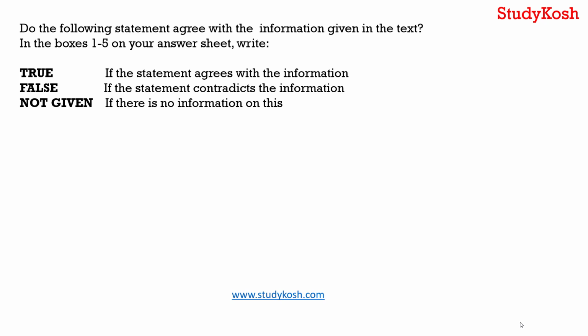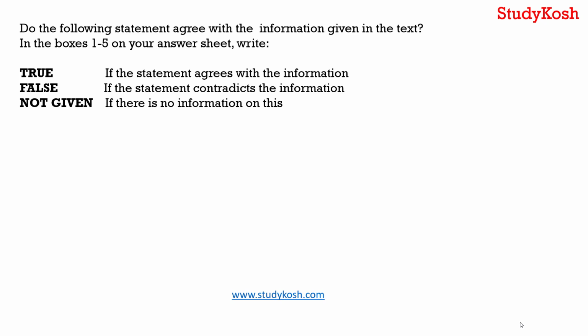In boxes 1 to 5 on your answer sheet, write true if the statement agrees with the information, false if the statement contradicts the information, and not given if there is no information on this. As we have discussed earlier also, we have 3 different options: true, false, not given.